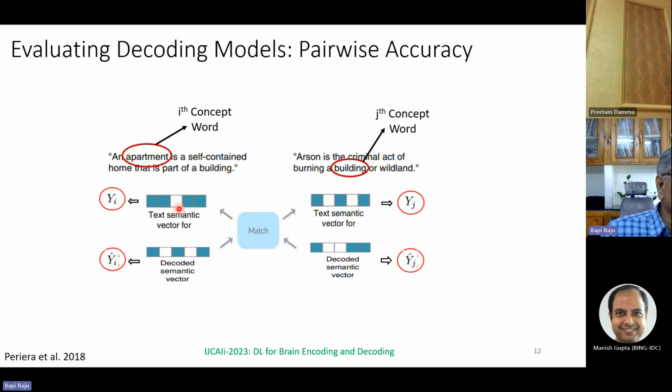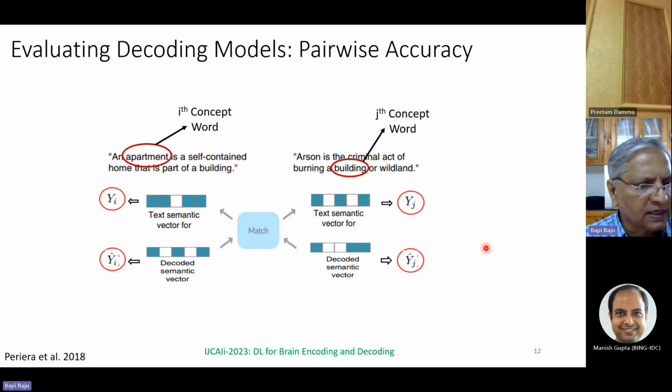For example, one of the ways of computing similarity is Pearson correlation, or cosine similarity between these two vectors. Any of these can be used, and the similarity score within, I to I and J to J, the sum of this should be greater than the cross correlation.